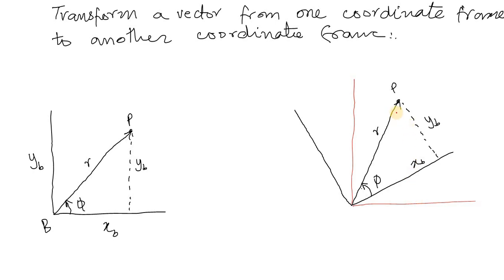What we do is project this vector on our new axes, and then we have its x and y components. So this will be x of A, and this will be y of A, its x and y components. And this angle here is theta.